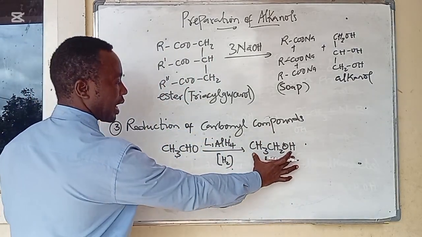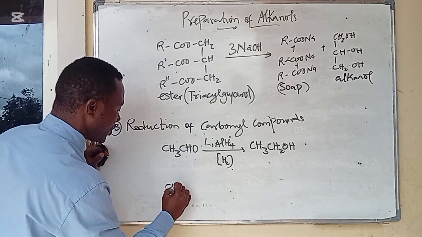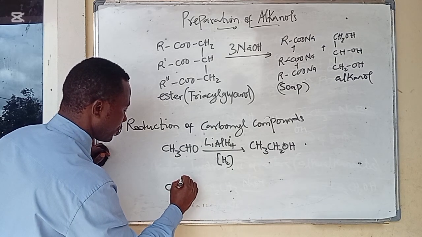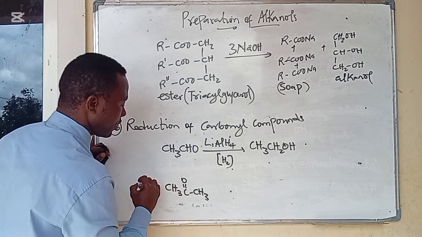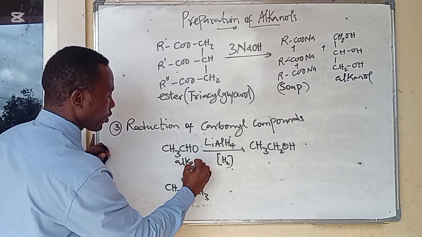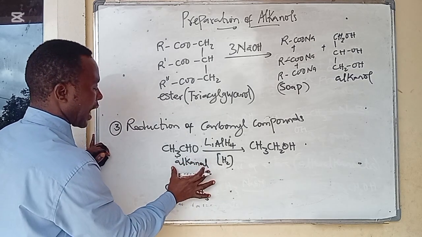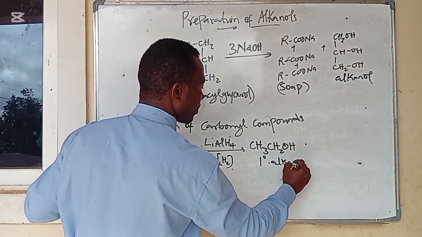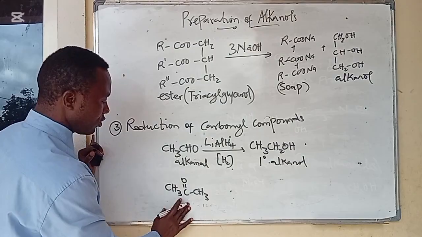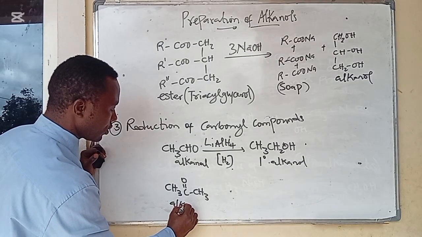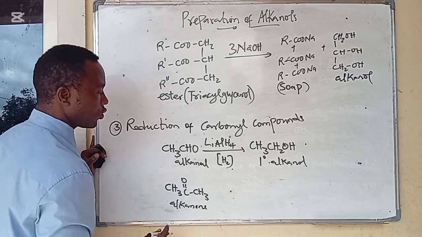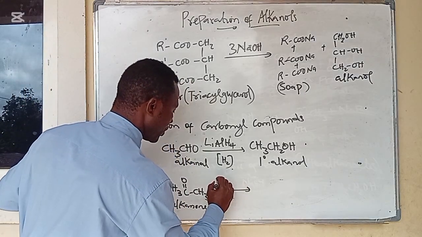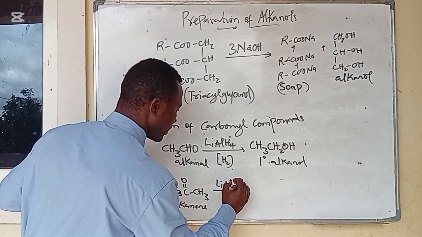That is an alkanol. Then if you have CH3, C double bond O, then CH3. Remember, this is an alkanone. When you reduce alkanal, it will give you primary alkanol, but when you reduce alkanone, you will get a secondary alkanol. So we can reduce with the same reducing agent.